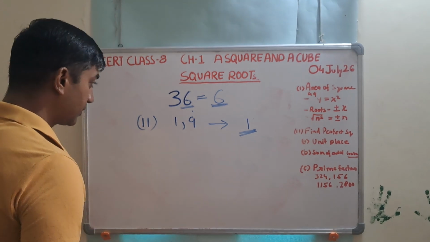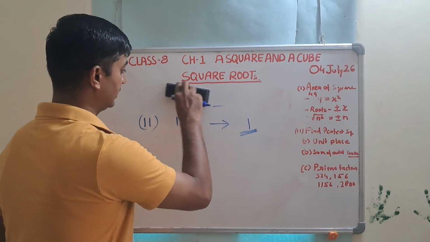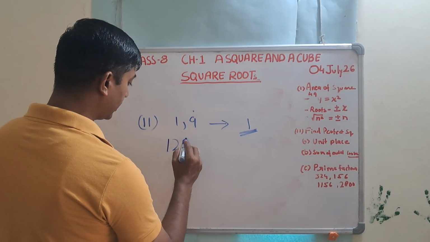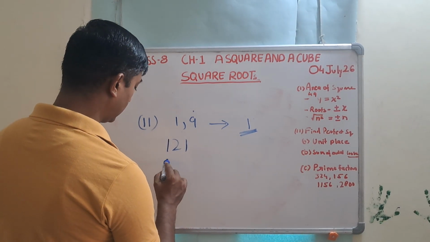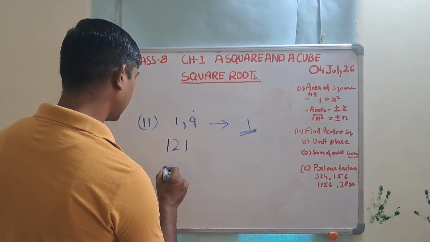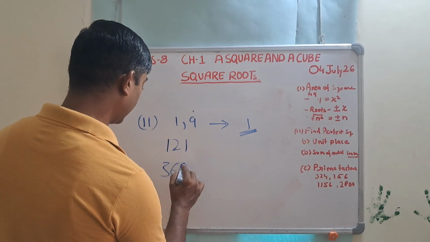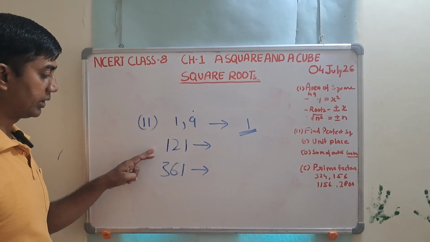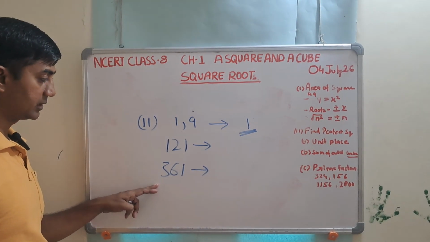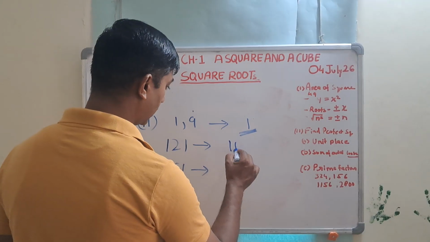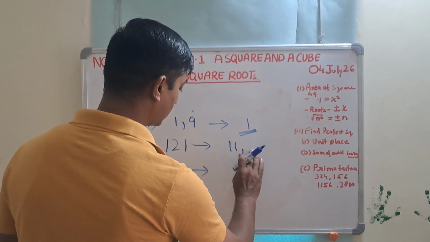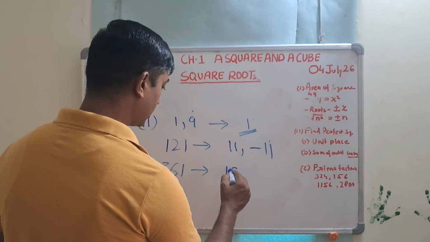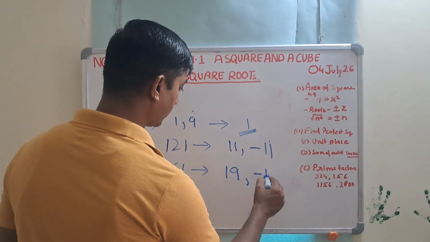As we have seen in the examples, let's see 121 and 361. What is the square root of 121 and what is the square root of 361? 11 and minus 11. In this case, 19 and minus 19.